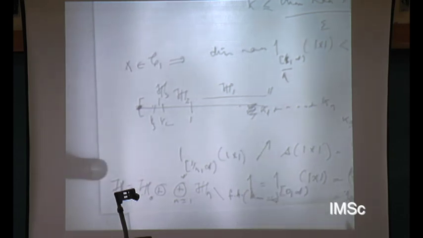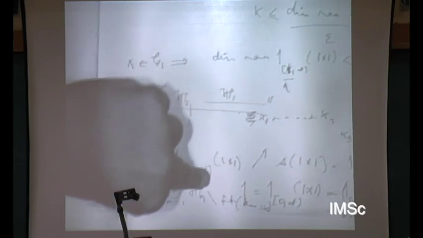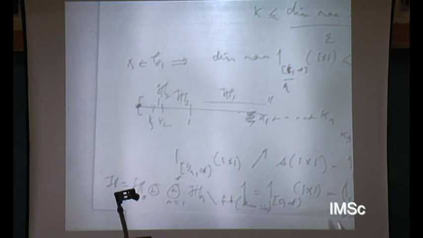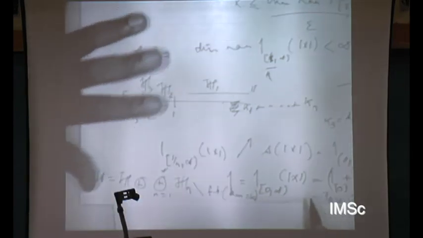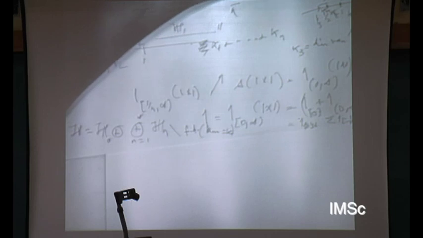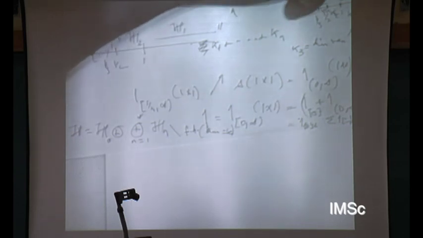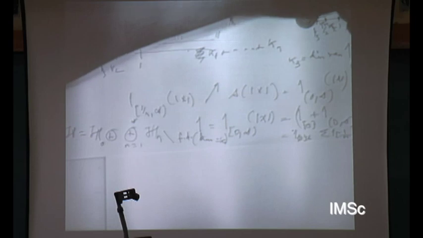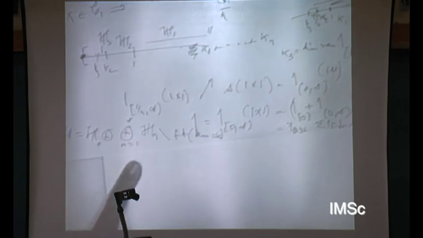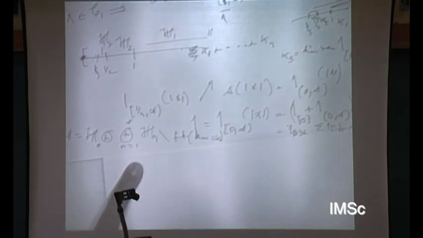So the Hilbert space has been written as a direct sum of subspaces, each of which is left invariant by mod x. And in fact, if you look at the eigenvalues of mod x on the nth piece, the function t between 1 by n and 1 by n minus 1 will take values between 1 by n and 1 by n minus 1. That means all the eigenvalues in Hn will be between 1 by n and 1 by n minus 1.